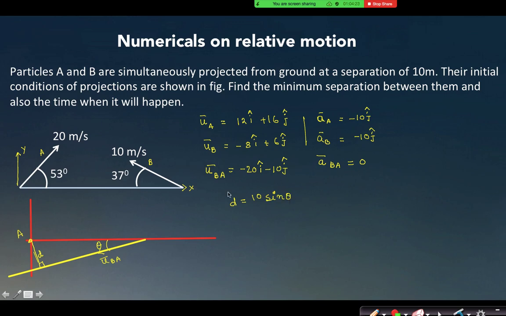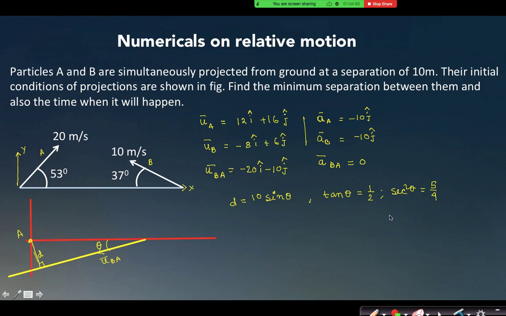Right? And you can see that tan theta, it is 20 and this is 10. So what is tan theta here? 1 by 2. Tan theta is 1 by 2. Then what is sec square theta? Sec square theta is 1 plus tan square theta, that means 5 by 4.